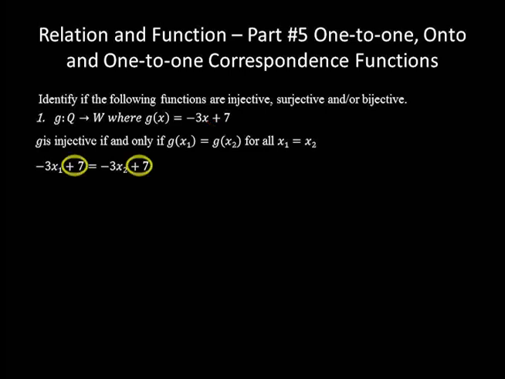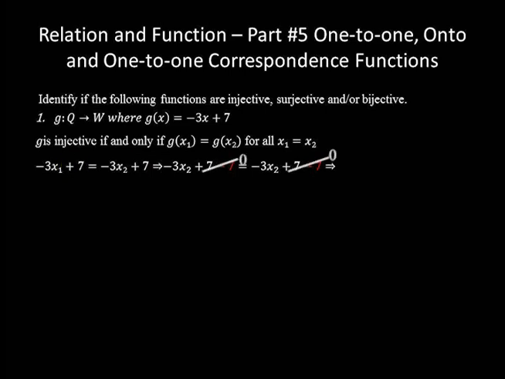We have plus 7 on both sides of the equality. If we deduct 7 on both sides of the equality, we can remove plus 7, meaning -3x1 plus 7 minus 7 equals -3x2 plus 7 minus 7. 7 minus 7 is 0.